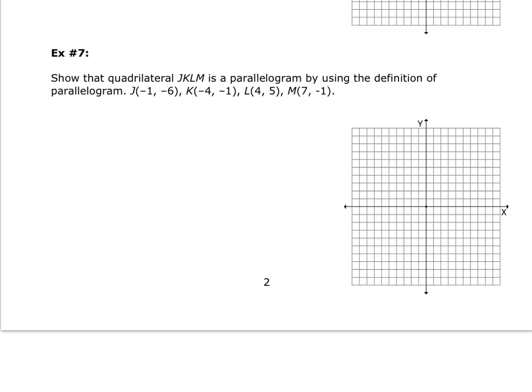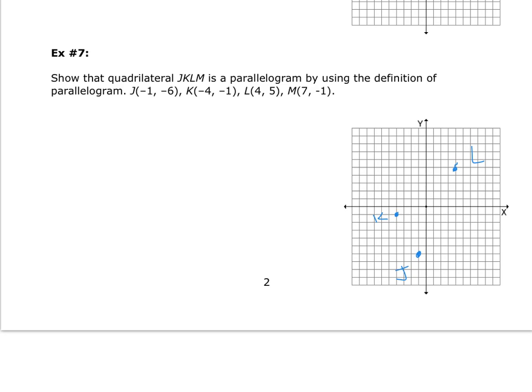So -1, -6. Let's see, -1, 1, 2, 3, 4, 5. So it's about right there. -4, -1, 1, 2, 3, 4. So there we go, right there. So this is J. This is K. 4, 5, 1, 2, 3, 4, I think is right here.